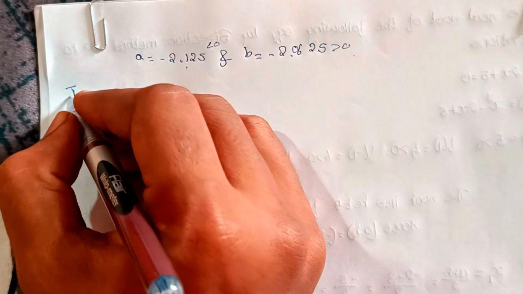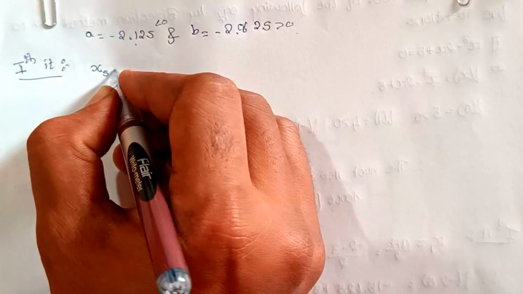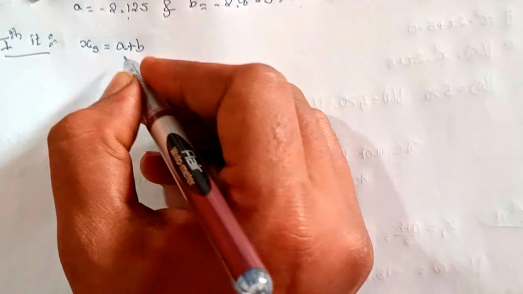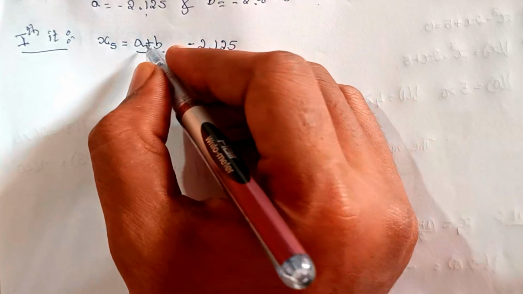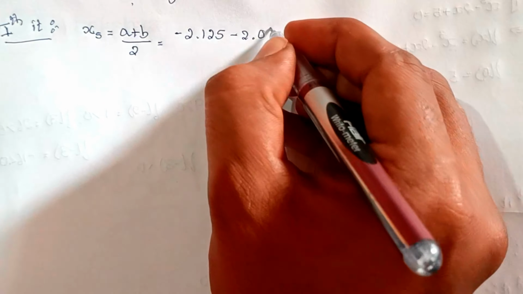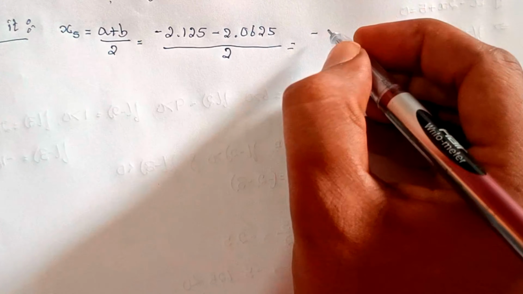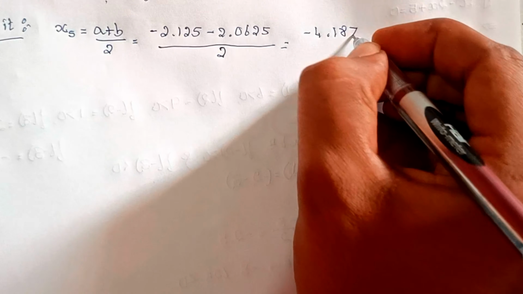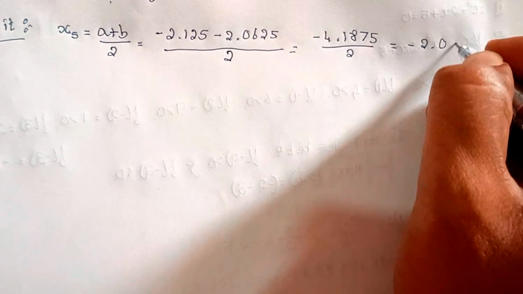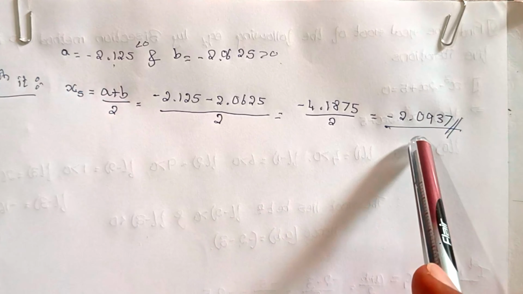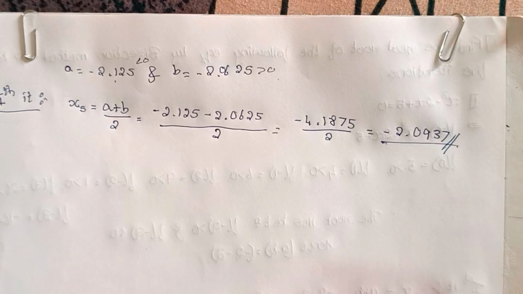Therefore the fifth iteration, again the midpoint formula, that is x5 is equal to (a plus b) by 2, that is equal to (-2.125 plus -2.0625) divided by 2, that is -4.1875 divided by 2. We get the answer -2.0937. Therefore this is the required answer for the question x cube minus 2x plus 5 using bisection method.